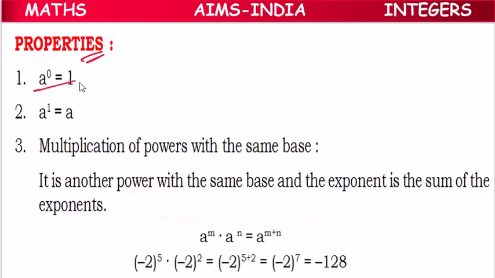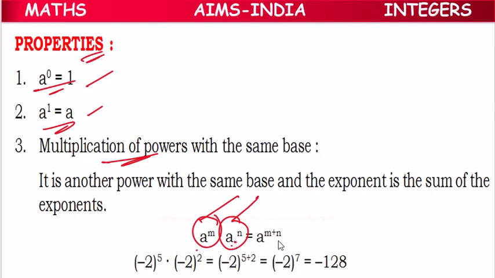Next properties: a power 0 is 1, a power 1 is a. Multiplication: while doing the multiplication of powers, if they have the same base, then we can add the powers. So multiplication of powers with the same base will be another power with the same base.